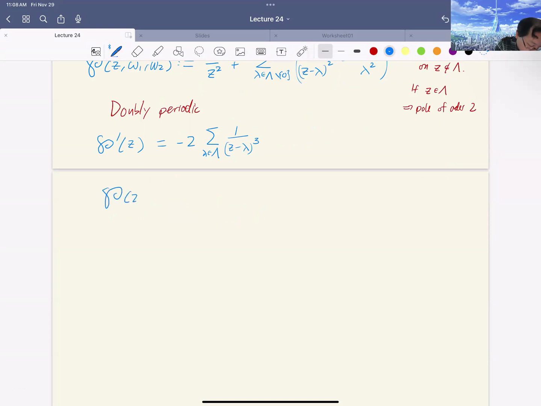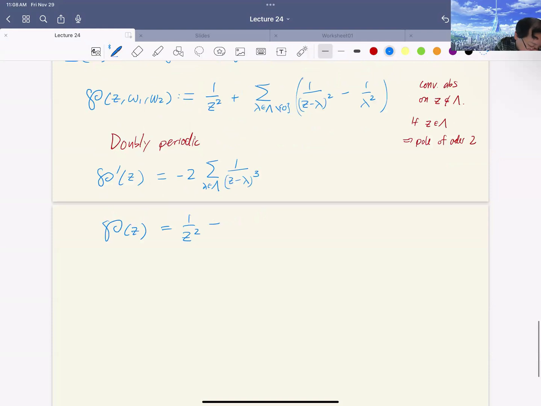expression. So the Weierstrass function can be written as a power series at 0 of the following form. Because it has a pole at 0 only, all the rest should be analytic. So you get a power series of this form.